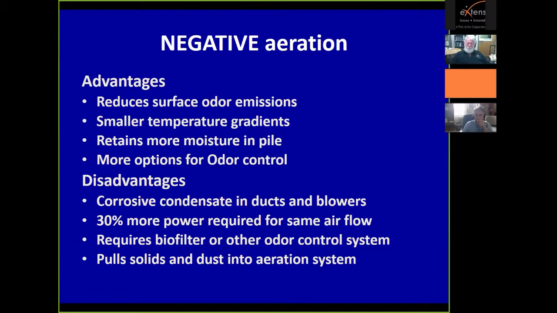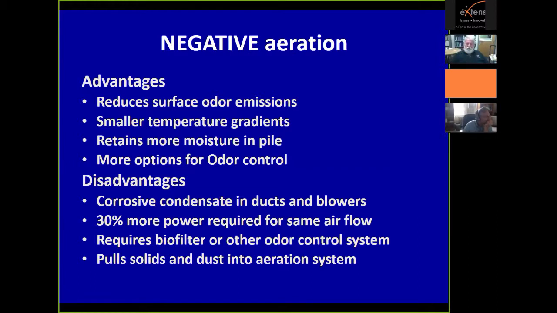You do need more power because as a pile composts, the volume shrinks. As the volume shrinks, your free airspace and your structural porosity reduce. So it takes more power to pull the same amount of air through that now denser pile.